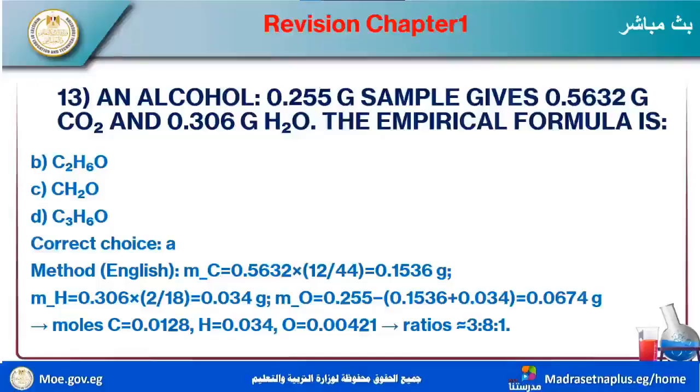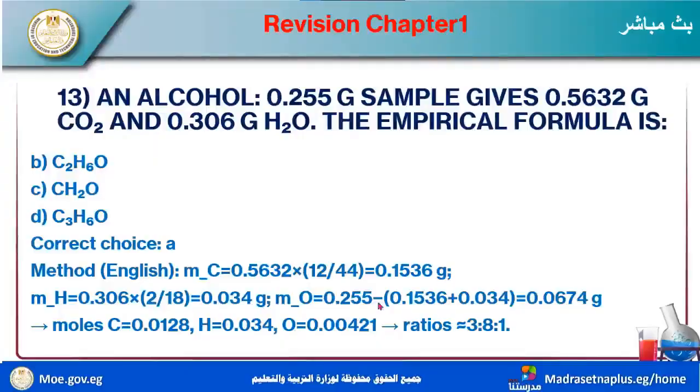Now we have carbon equal to 0.563 times 12 over 44, which gives this number of grams. Hydrogen is the same: 0.306 times 2 over 18 equals 0.034 grams.